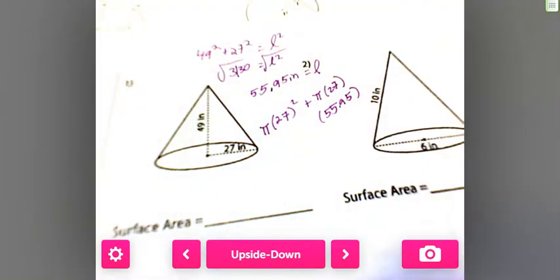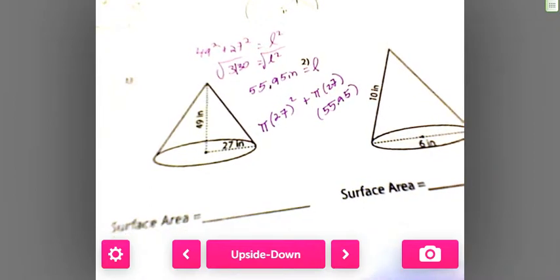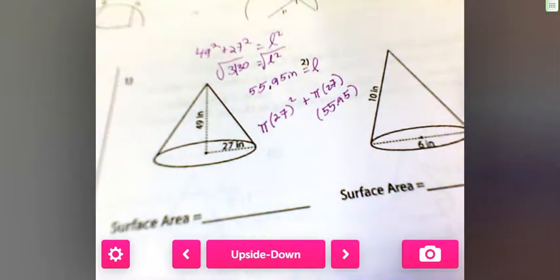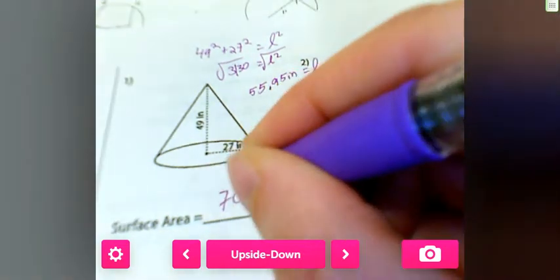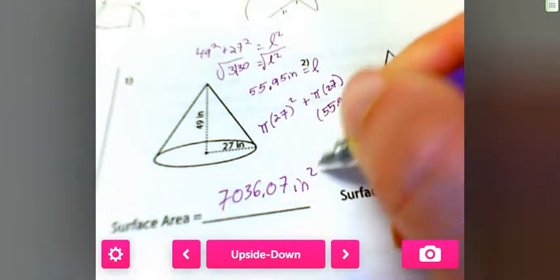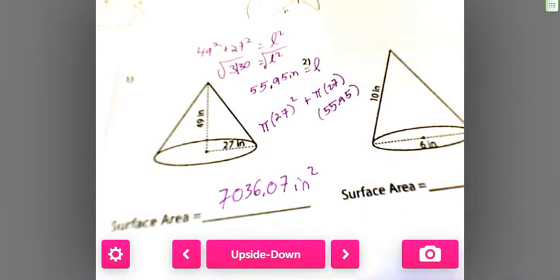Okay? This is number 1 on the back. And we get 7,036.07 inches squared.